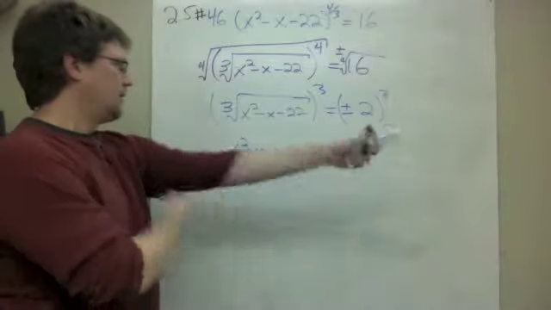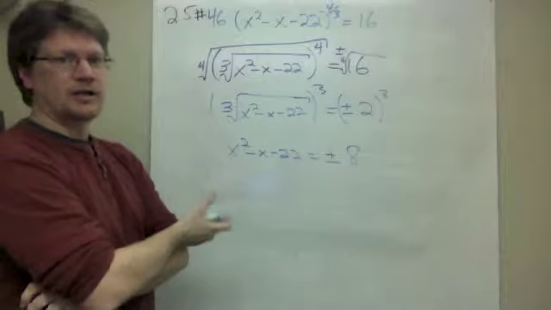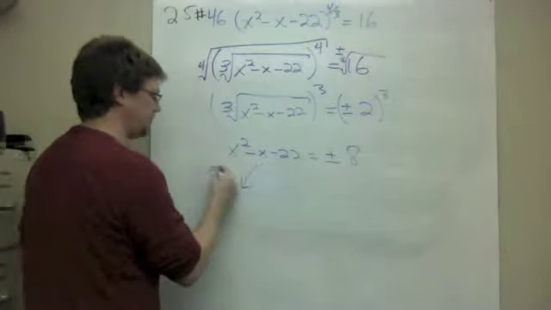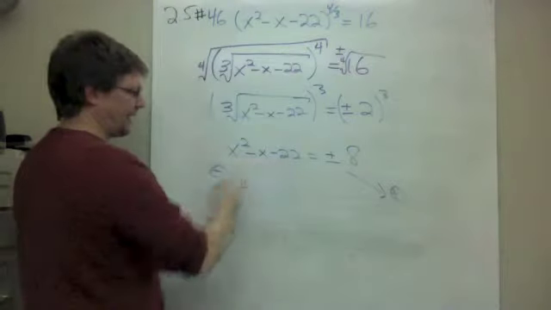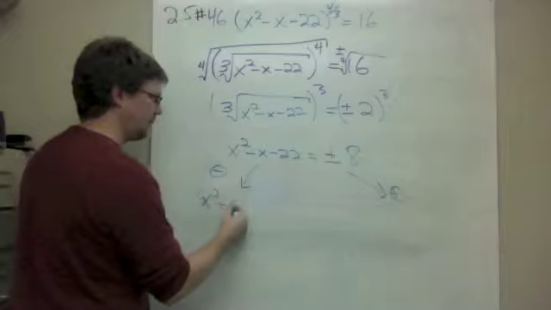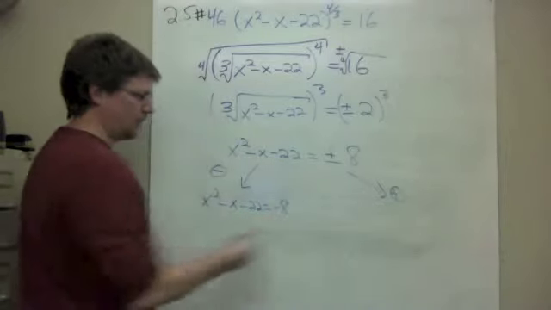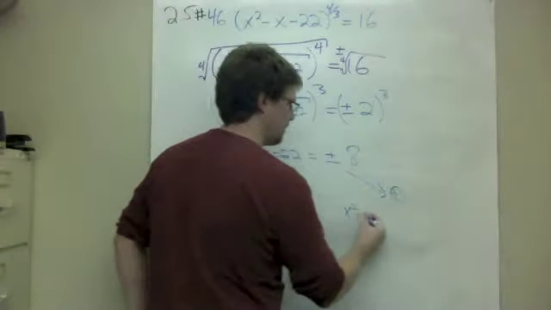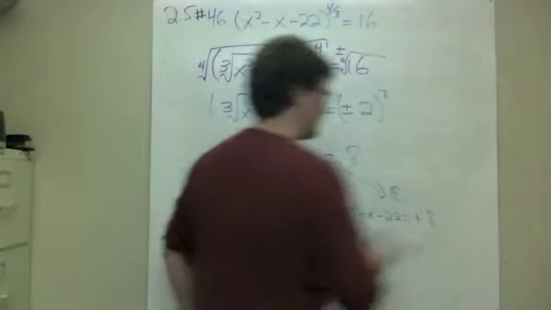Now here I would separate it between my two solutions, the plus 8 and the minus 8. So we get x squared minus x minus 22 is equal to negative 8, or x squared minus x minus 22 is equal to positive 8.